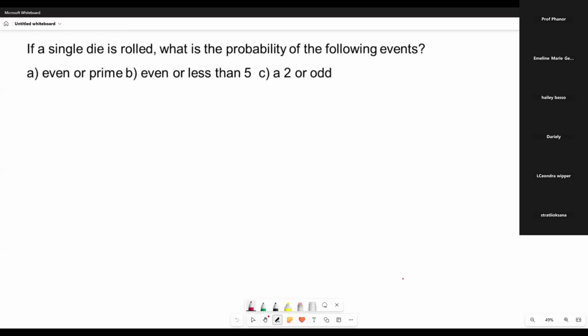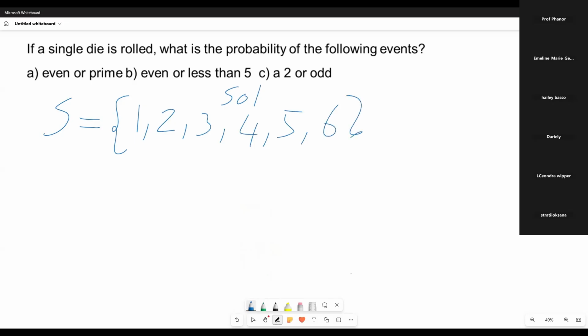Let's try this one here. Solution. So if a single die, talking about a single die, the sample space will be 1, 2, 3, 4, 5, 6, because a die has 6 faces.